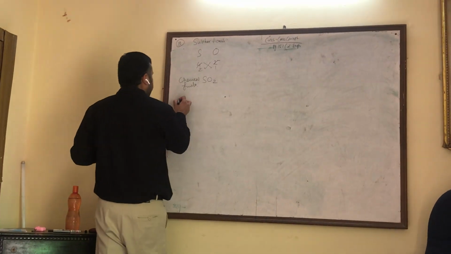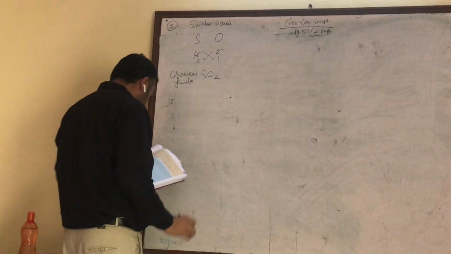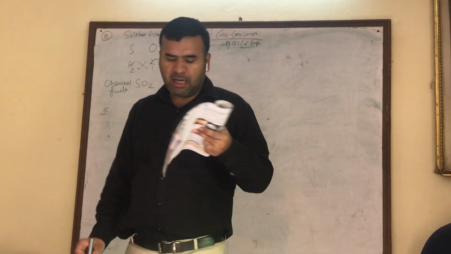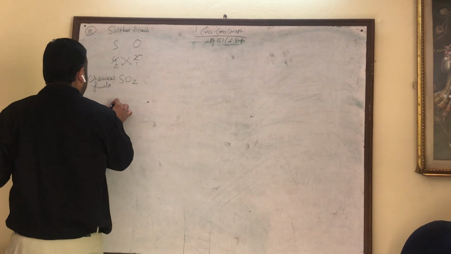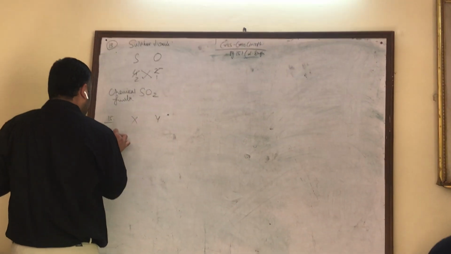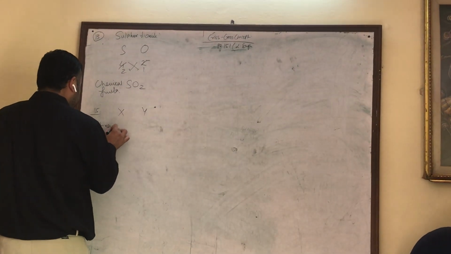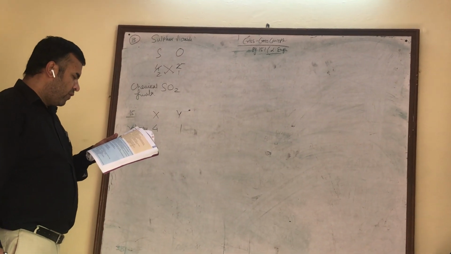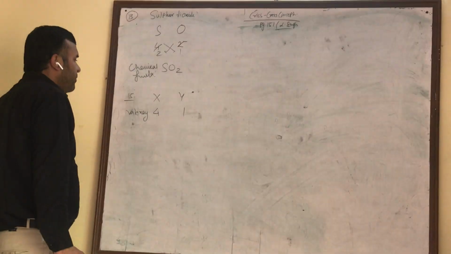Now please see question number 15, Lakhmir Singh. I am reading the question for you. An element X has a valency of 4, whereas another element Y has a valency of 1. The valency of X and Y is given to you: X is 4 and Y is 1. What will be the formula of the compound formed between X and Y?